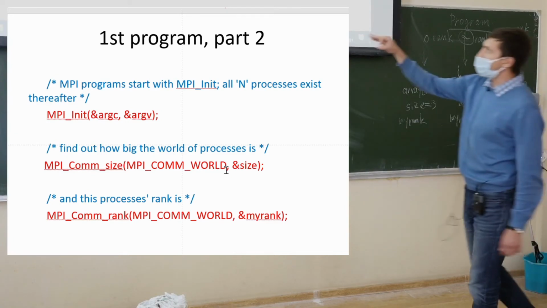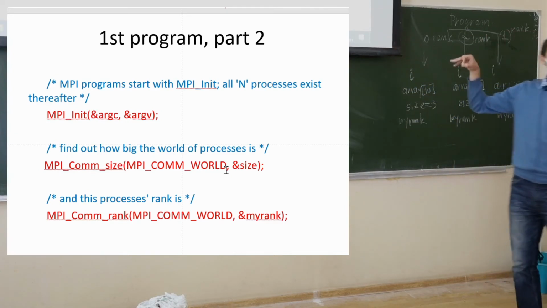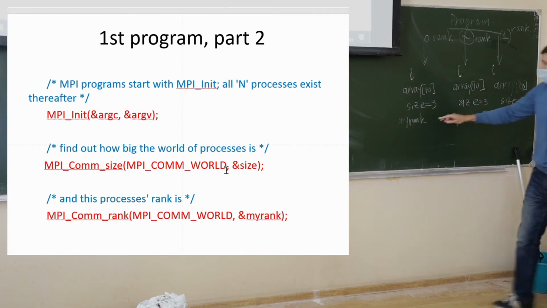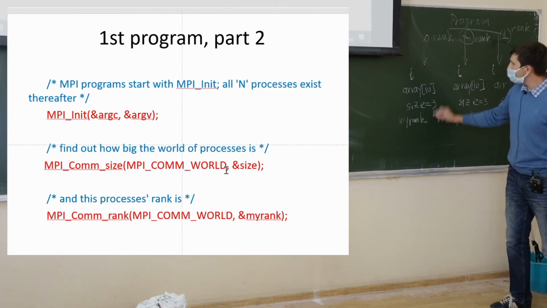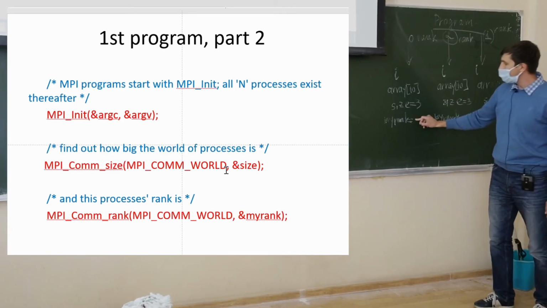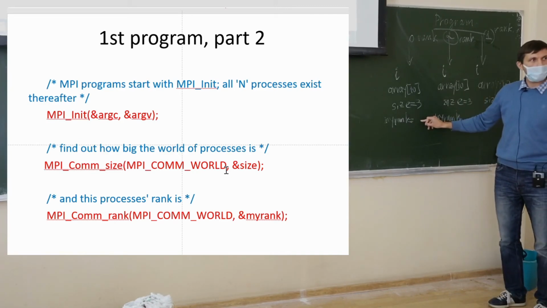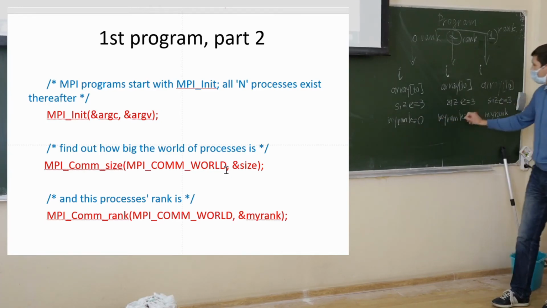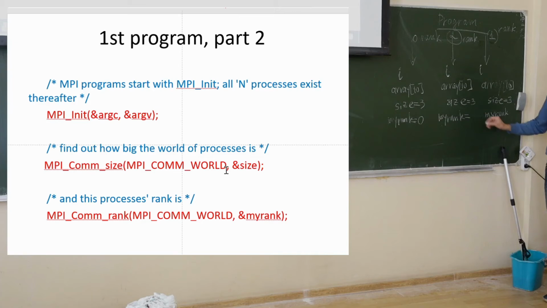And MPI_Comm_rank will write the rank of the process into the variable myRank. This variable is in process number 0. So what will be its value? 0. Okay. In this process, 2, and here just 1. Okay. That's all.